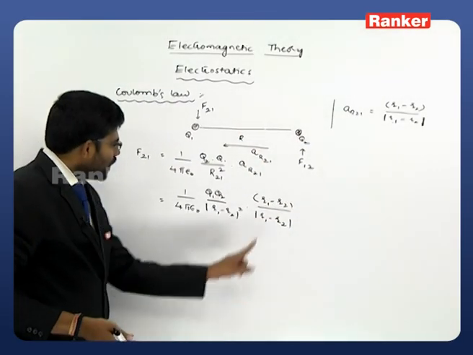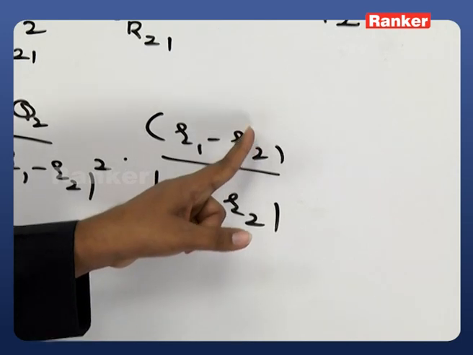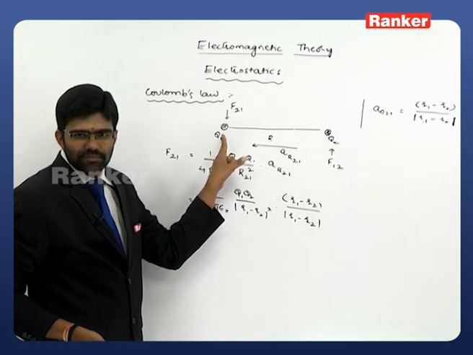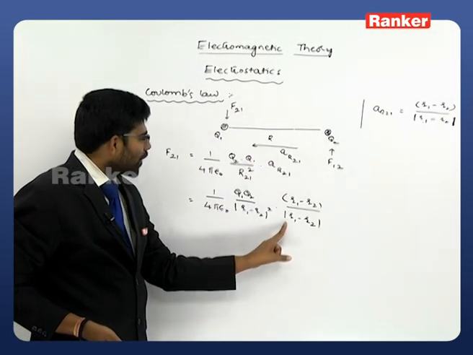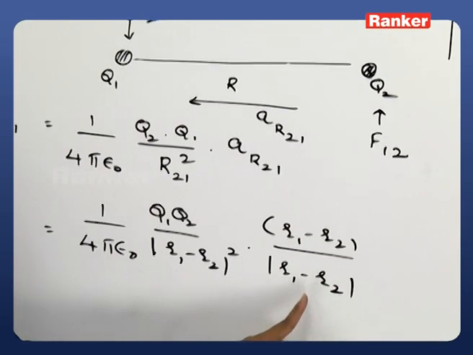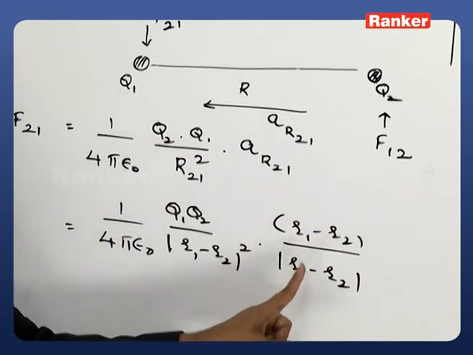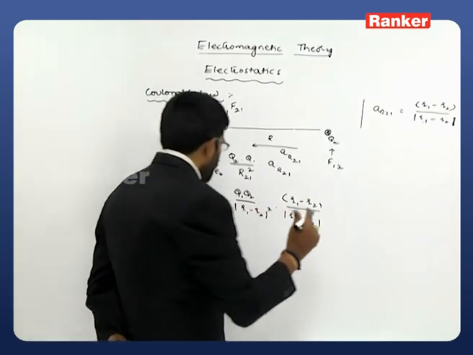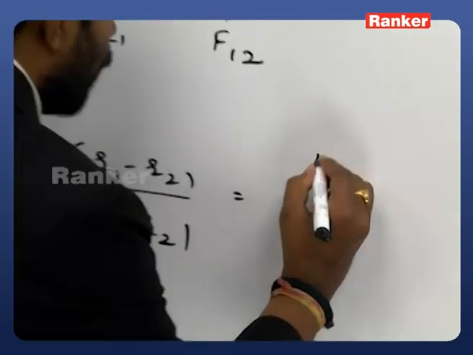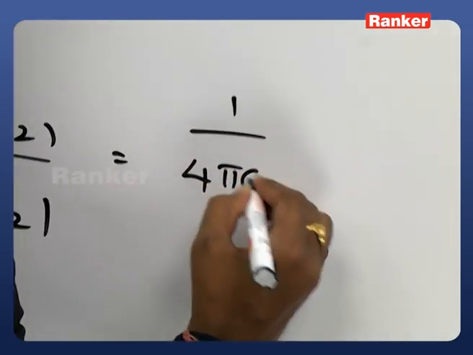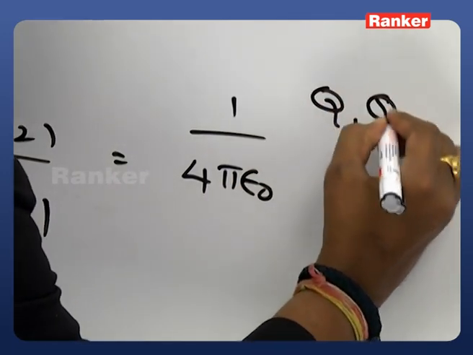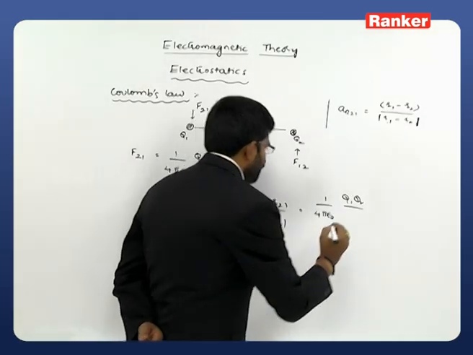Clearly observe here, this r1 minus r2 is the distance vector between 2 and 1, that is from 2 to 1, and this magnitude of r1 minus r2 is the scalar quantity. This is the vector quantity, this is the scalar quantity. If you simplify, what we get is 1 by 4 pi epsilon naught q1 q2 by the cube of the magnitude, times r1 minus r2.